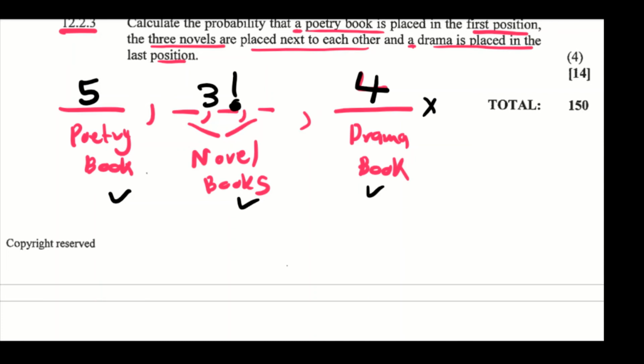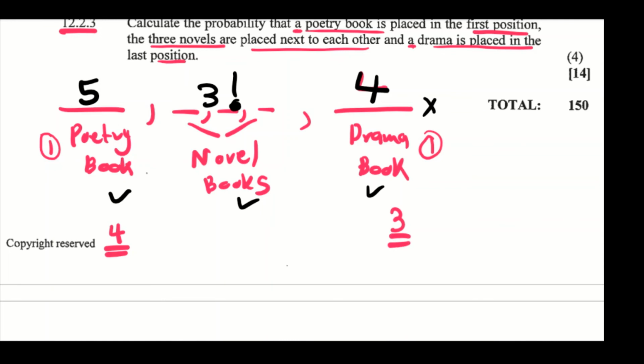So what I mean by that is when you take one poetry book here, how many poetry books remain? 4 poetry books remain, right? And then, okay, here all the 3 novels are used. And then when you take one drama book, how many drama books remain? 3 drama books remain, right?